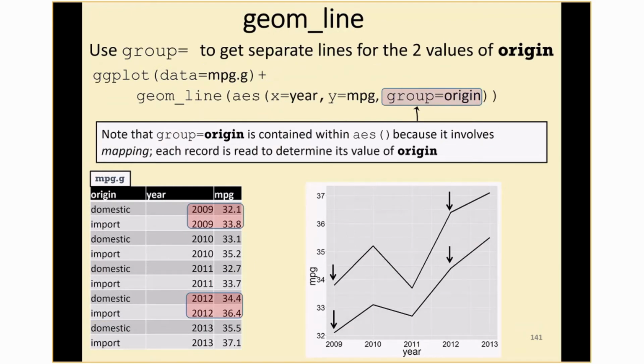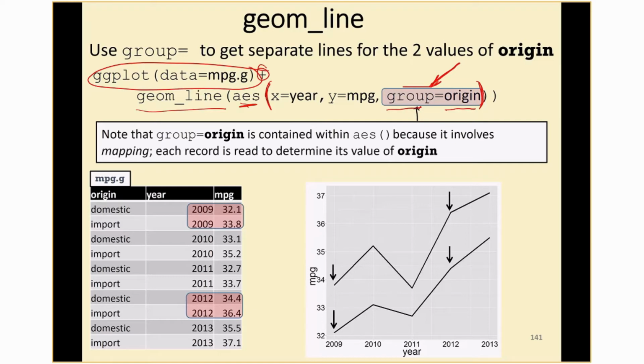We're going to solve that problem by the first part being the same, the plus sign being the same, the geom_line, but now look at our aesthetic mapping. There's the open and close parenthesis of the aesthetic mapping. We're going to add an additional thing to the aesthetic mapping. We're going to map group onto origin.